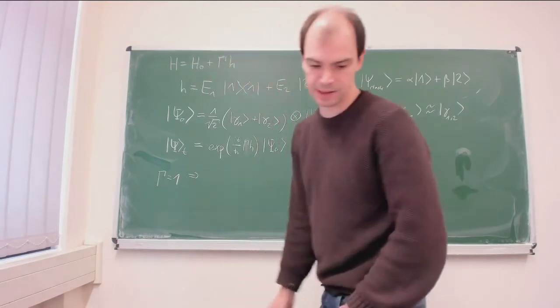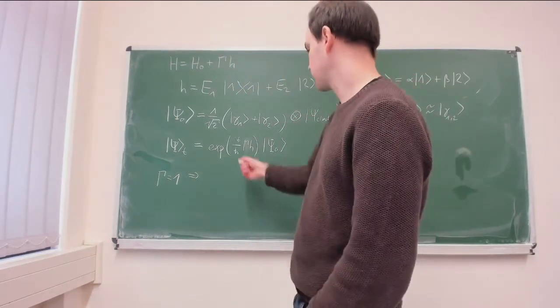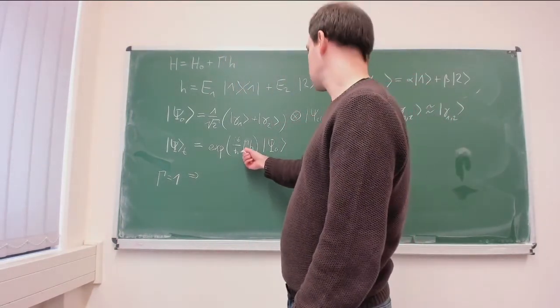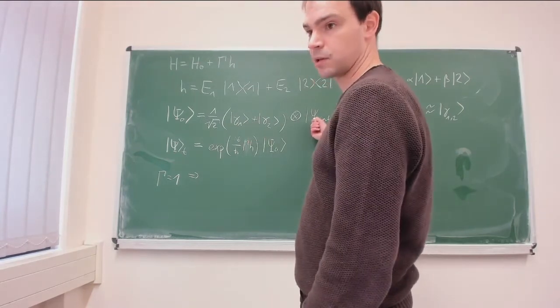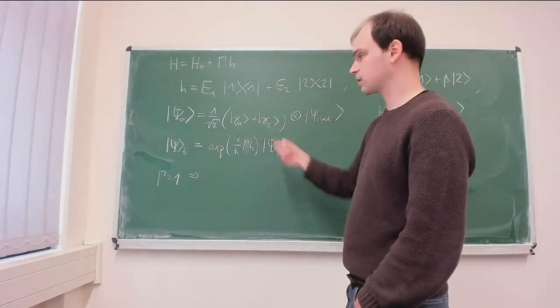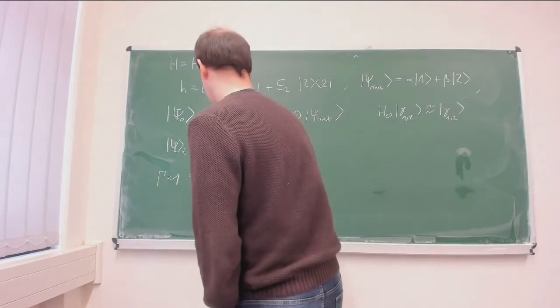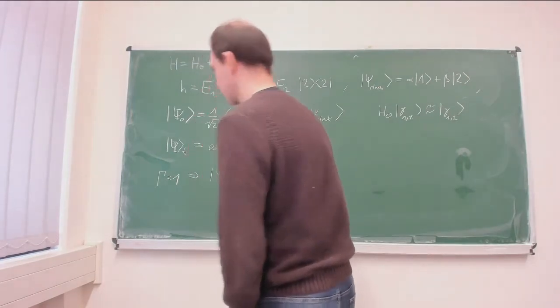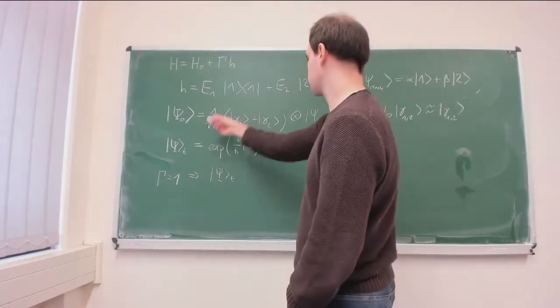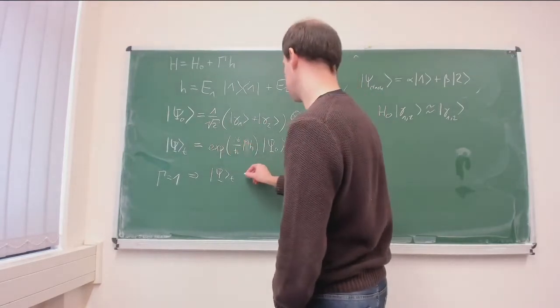And in this case, you see that this operator acts only on the clock degree of freedom and not on this one. So our psi t will just be the same position state.